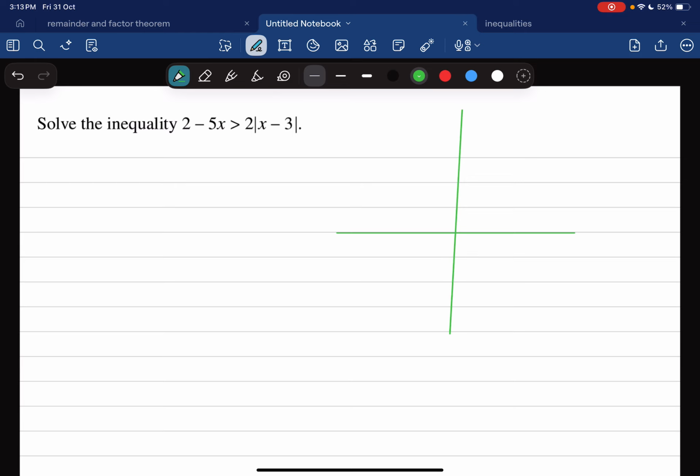If you don't know how to make a line, first make a box. Put x 0, you get minus 3. Put y 0, you get 3. So the x-intercept is 3 and the y-intercept is minus 3.